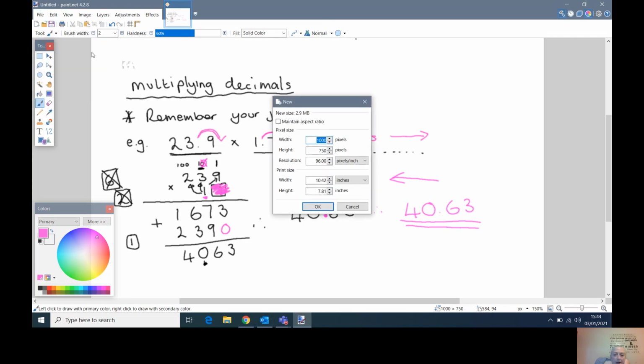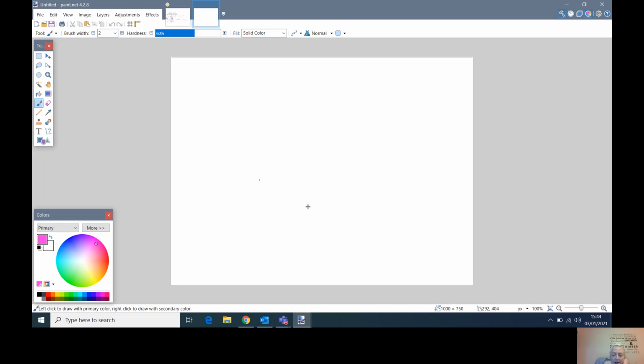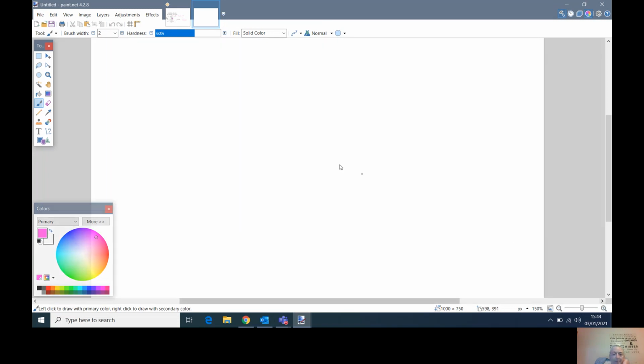Okay. Let's do another one. I'll make that a bit bigger. Right. Let's do 17.5 times by, I don't know, let's go into the 100. Let's go 2.35. Yeah, let's go into the 100 so I can show you a bigger multiplication.